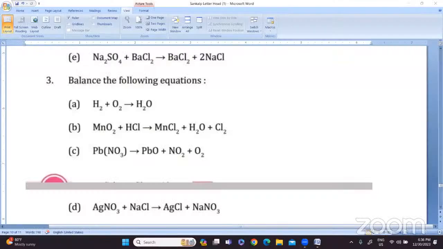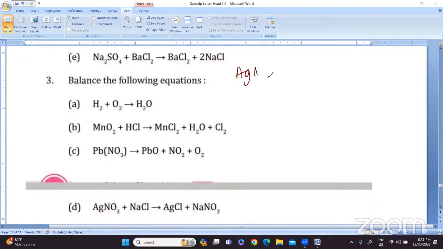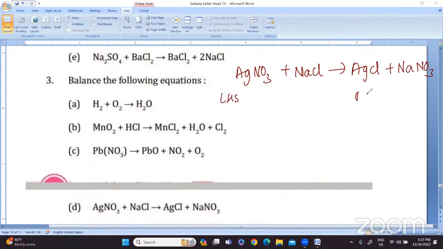Yes, students, try to balance. AgNO3 plus NaCl giving you AgCl plus NaNO3. Okay, so left hand side and right hand side.